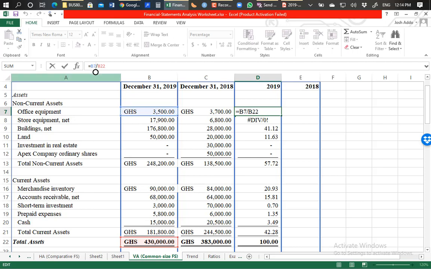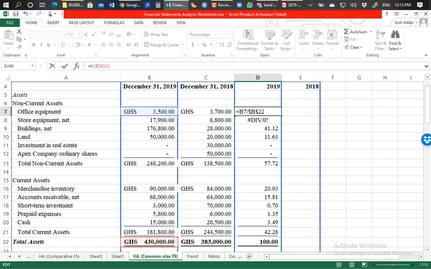So in the formula, I should have made the B22, which is for the total assets, an absolute cell reference. And you do that by just adding a dollar before the column letter and a dollar before the row number, like this.